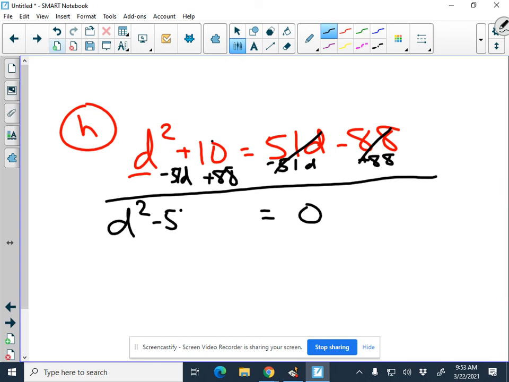d squared minus 51d plus 98. 1 and 98, 2 and 49. 3 doesn't work, 4 doesn't work, 5 doesn't work, 6 doesn't work. I believe 7 works. 7 and 14. 8 doesn't work, 9 doesn't work, 10 doesn't work, and we got them all.